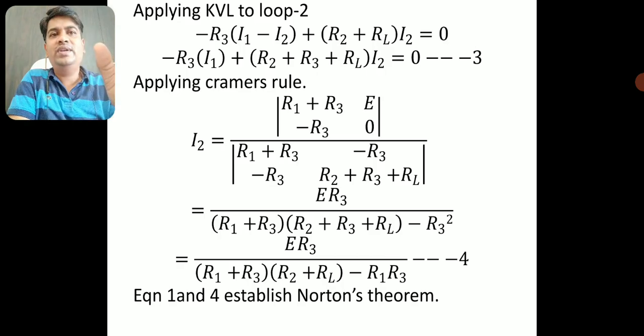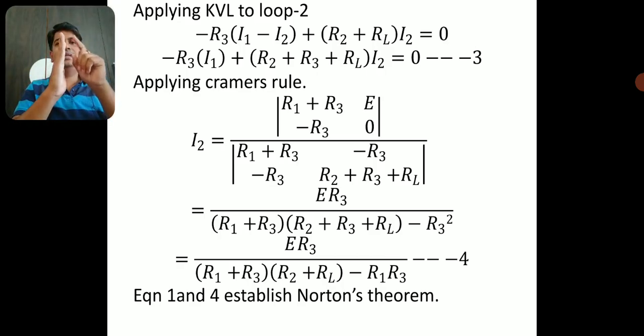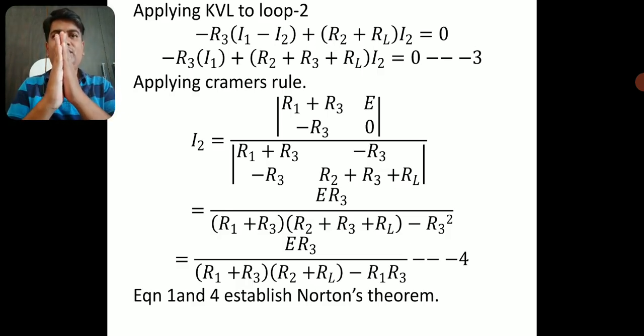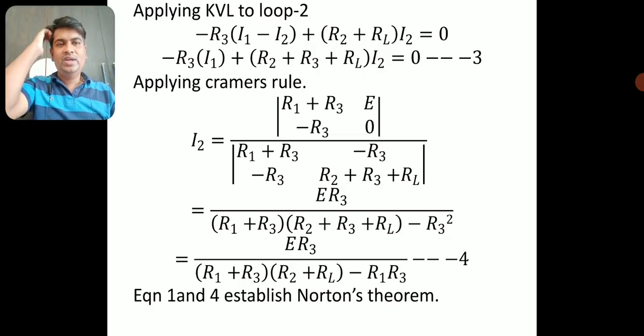Here the I1 coefficient is minus R3. So it will be R1 plus R3, minus R3 in the numerator. Next, I have to write the constants in the next column. Constants are E and 0.